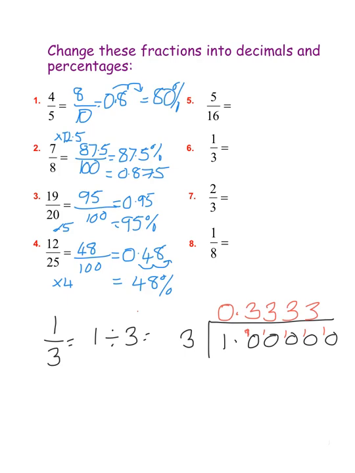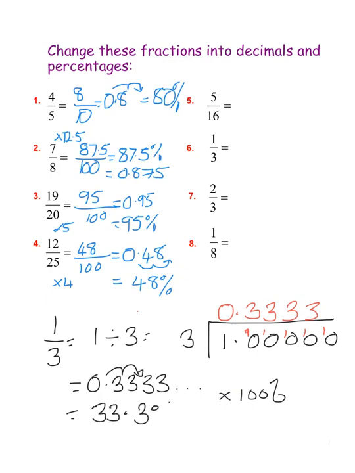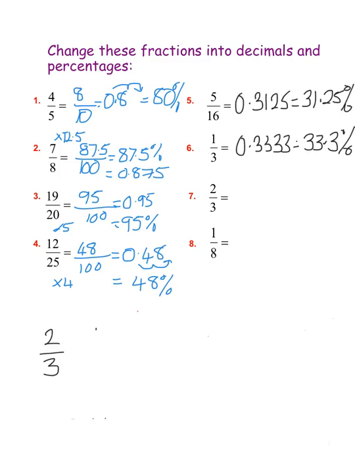So I can see in this question that 1/3 as a decimal is 0.3333 recurring, and if I want to change that into a percentage, multiplied by 100, it gives me 33.3%.